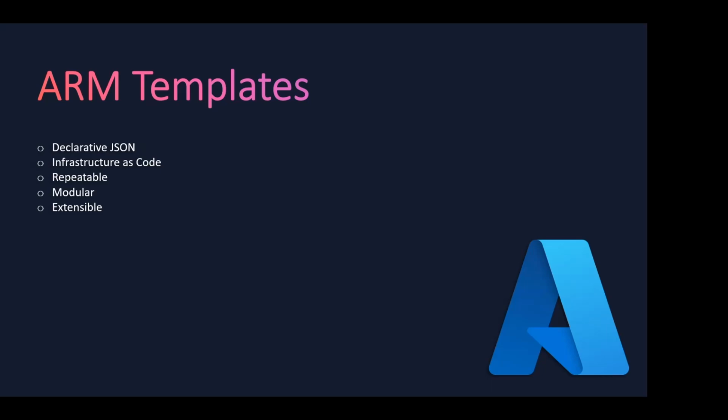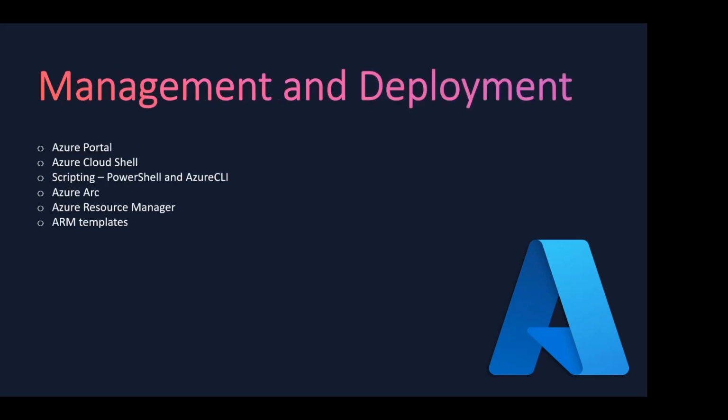So in summary, moving on to the last slide, the Azure Portal is the web-based UI for managing and deploying your resources. The Cloud Shell is the command line companion of the Azure Portal, so you can run command lines and scripts in a web browser as well.